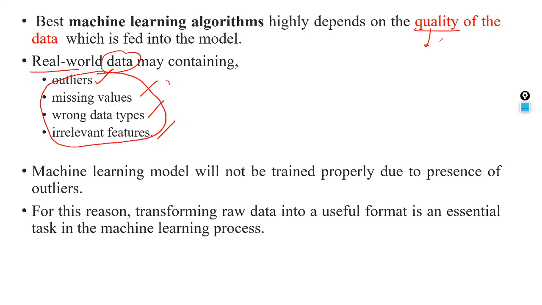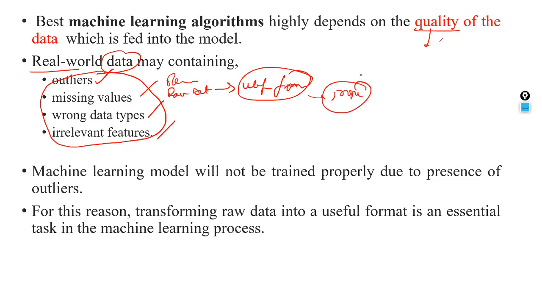If you handle the outliers and handle the missing values, this raw data is converted into a useful format. Useful format means proper data, and this proper data we call the quality of the data. This quality data you have to feed to the model.